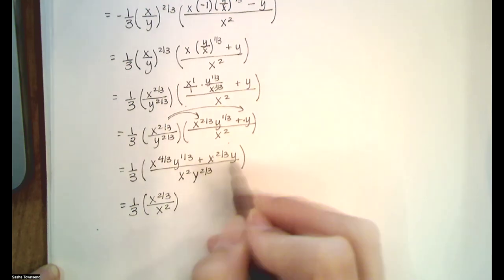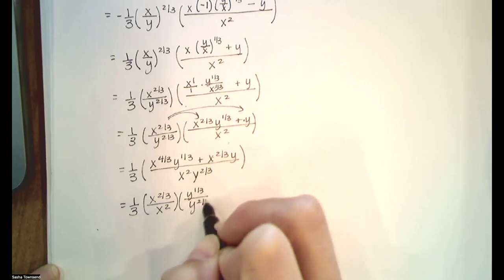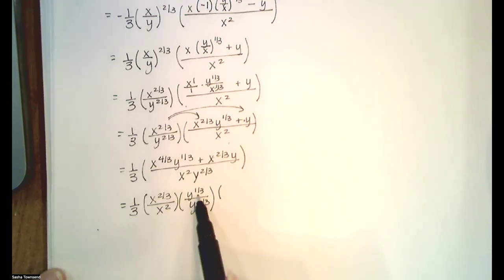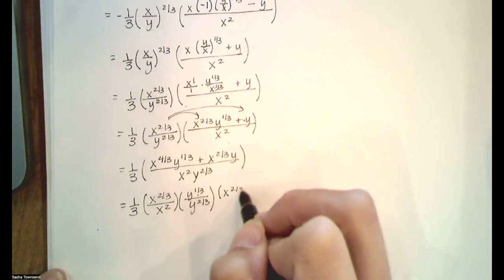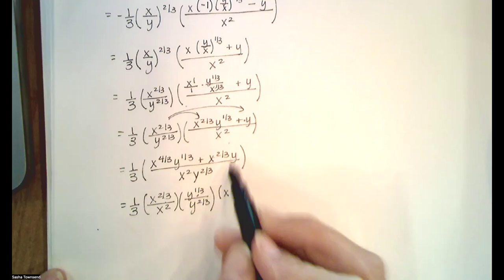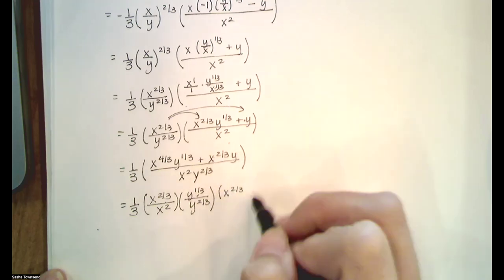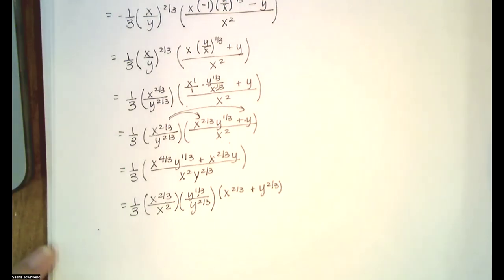And then I've got a y to the 1/3 divided by y to the 2/3 from the denominator. And then I say, okay, well, what do I have left? x to the 2/3 times y to the 2/3 times x to the 2/3 would be my numerator, or that term in the numerator. And this times a y to the 2/3 is what I have right there.